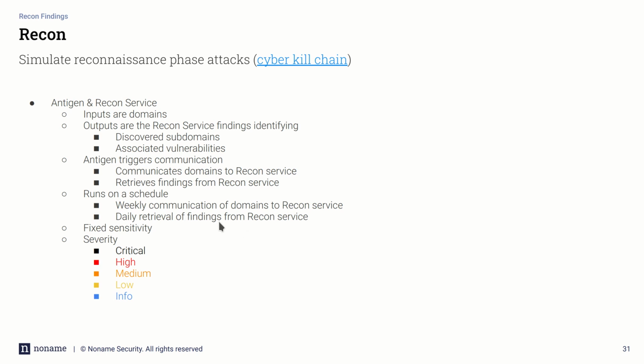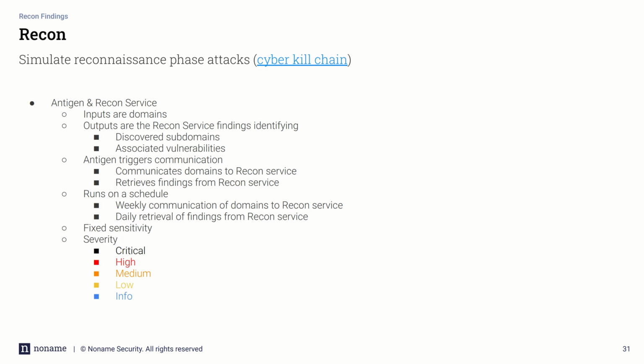Okay? Sensitivity doesn't apply in this case, and the severity is identical to everything else we discussed thus far. That is, auto. If severity is set to auto, the no-name platform is going to inspect the context before we set the severity.